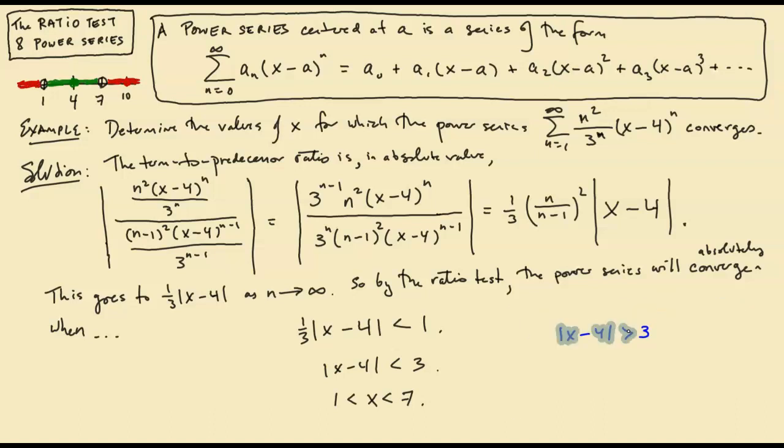And in fact, this sort of thing happens for every power series. We will always get convergence in some interval centered at the center of the power series. It might be a finite interval like this one, which stretches from 1 to 7, or it could be an infinite interval that goes from minus infinity to infinity, but it's always going to be this interval symmetrically arranged around the value a, the center of the power series.